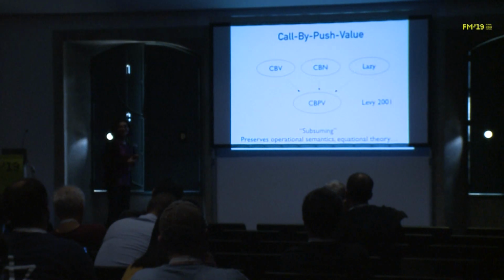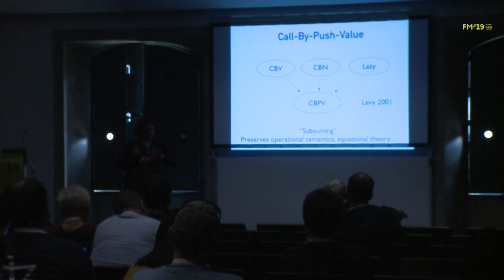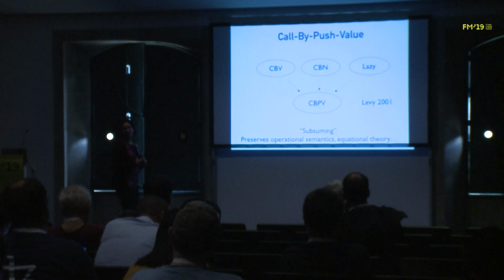So call by push value is a calculus thanks to Paul Levy from 2001. It was part of his dissertation work, and essentially call by push value is a very nice language for reasoning about different kinds of evaluation orders all in one place, for reasoning very cleanly about effectful languages. You can separate out what is pure and what is effectful, and you get very nice relational reasoning principles.